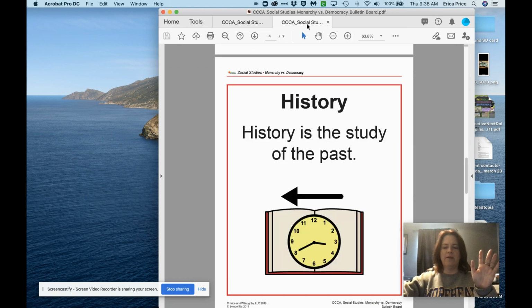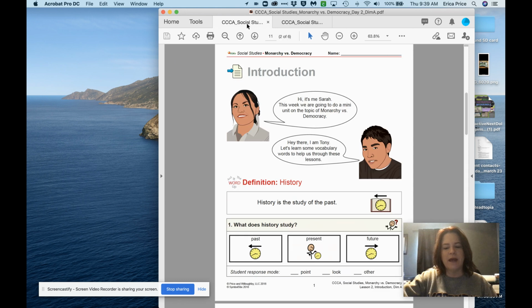Now, our big vocabulary bulletin board picture, if we had a bulletin board to hang it up on for everybody to look at every day, would be this. History. History is the study of the past. We have our word, we have our definition, and we have our picture to help us remember. Pointing backward, so that means past. And it's a book, so it's study. So history is the study of the past.